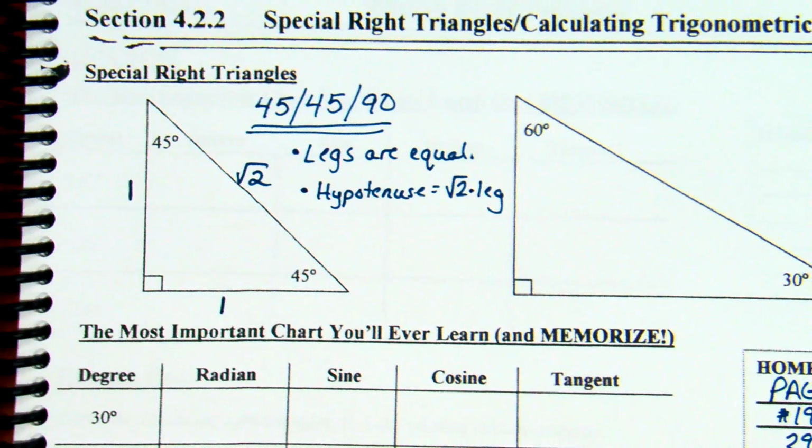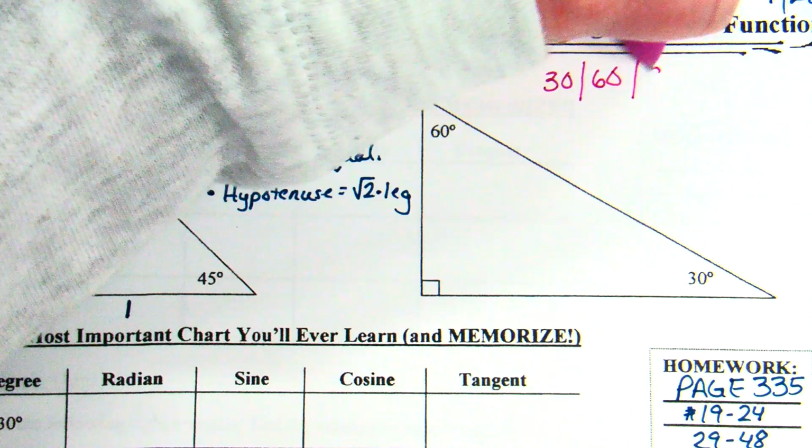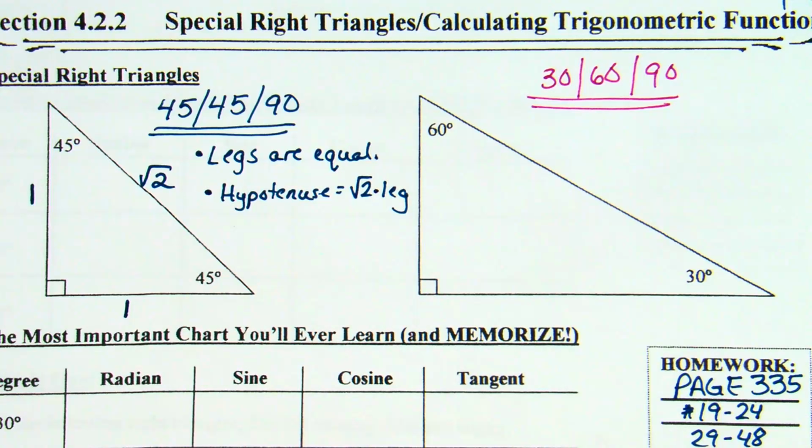Okay, our other special right triangle is a 30, 60, 90. In a 30, 60, 90, do you remember anything?